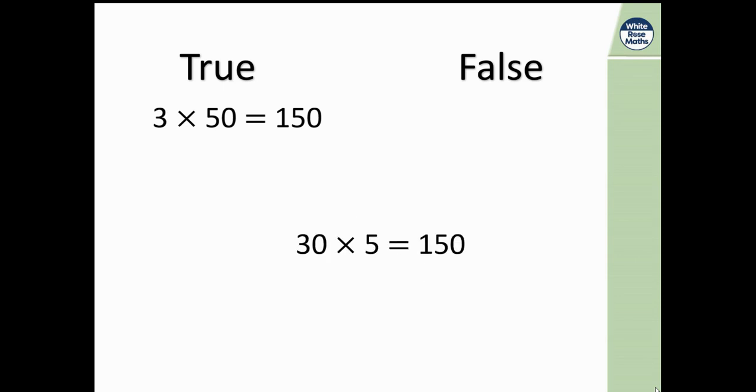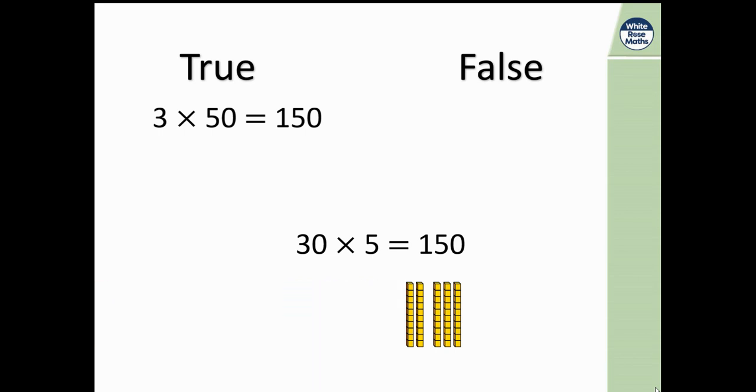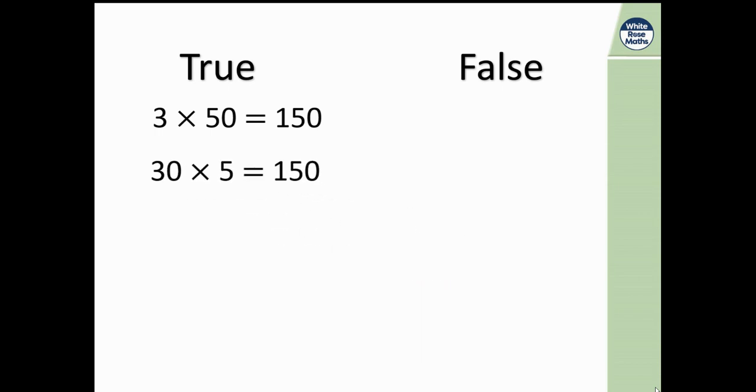Right, what about this then? 30 multiplied by 5. Right, so I've got my 30, I've got my 3 tens, and I'm going to have 5 groups of those. So you can see I can swap that there to make 100. And now I've got 150. So that is going to be correct, isn't it?